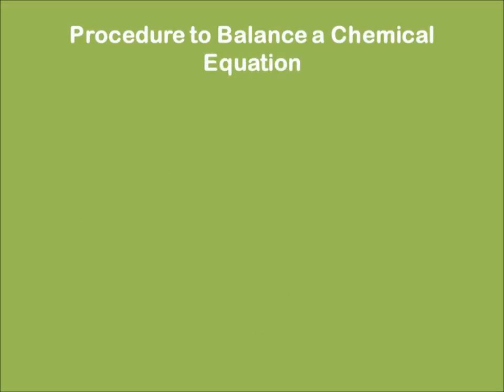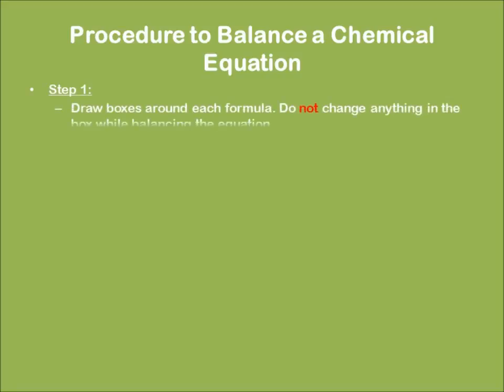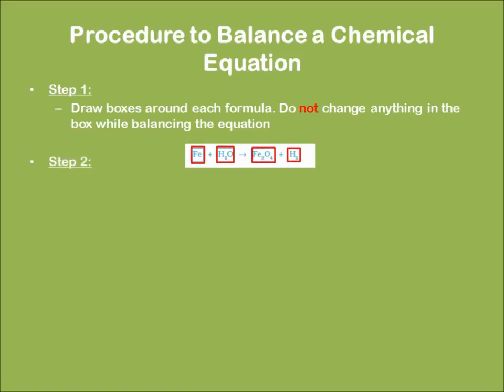Step number 1. We have to draw a box around each formula, and we have to ensure that we do not make any changes inside this box. Step number 2. List down all the atoms given in the chemical equation in a tabular form.